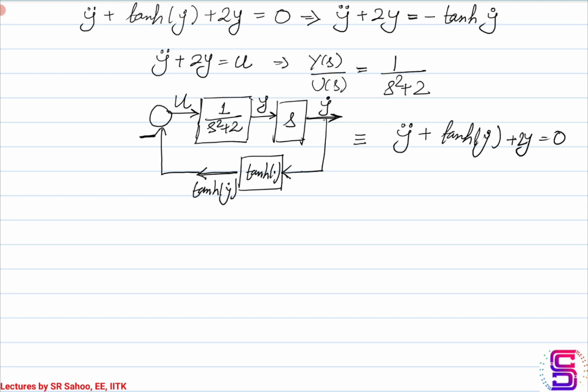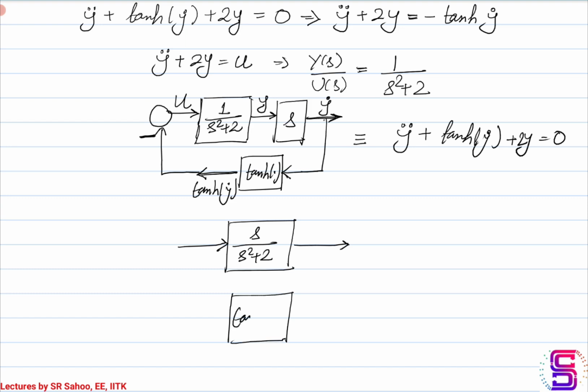So this is what you have. To simplify this further, this is of the form s by s square plus 2 passing through a nonlinearity, which is this, and getting fed back to the system as this.